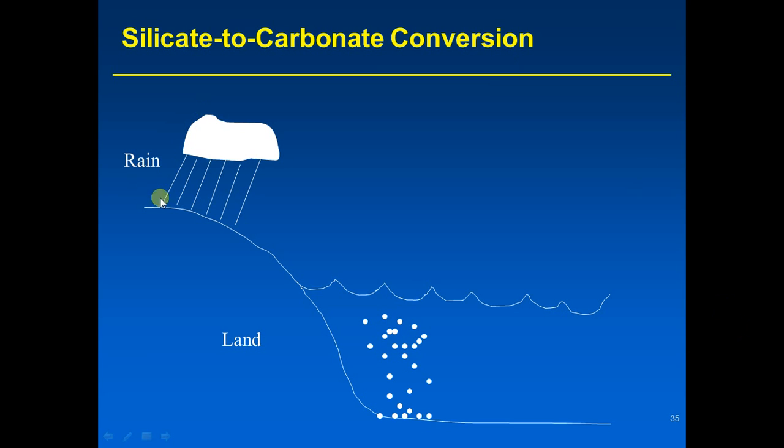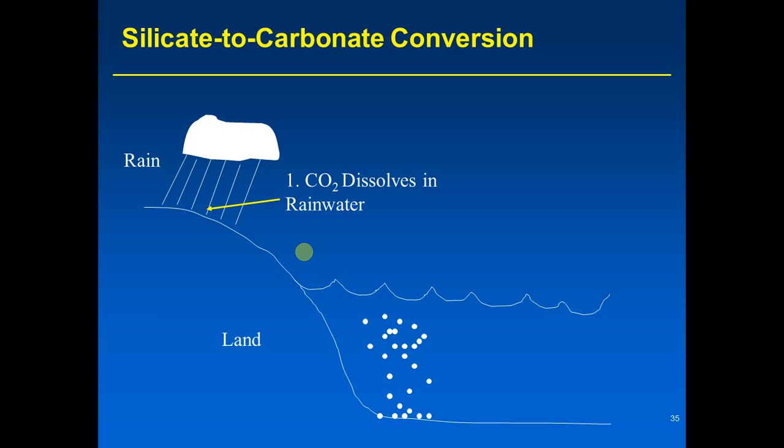We have rain. We have, what are these waves, okay? Land here. So what happens is CO2 or carbon dioxide dissolves in the rainwater. And that is part of the chemical weathering phase.